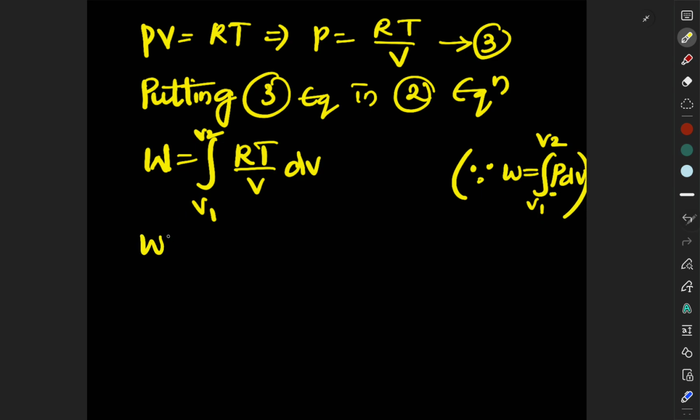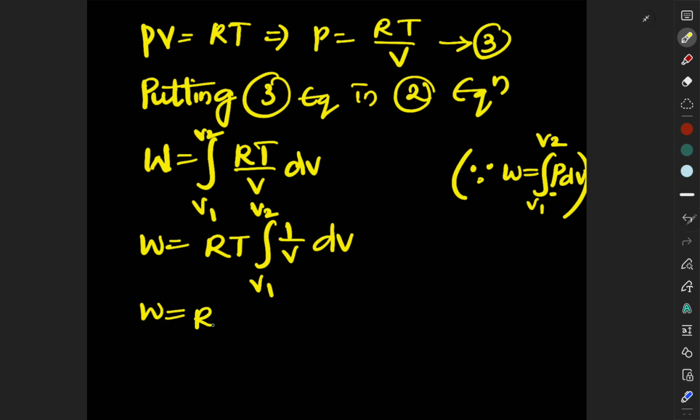So W is equal to, RT is a constant, so I am taking it outside, integration of 1 by V dV between V1 and V2. So what we get? W is equal to RT.